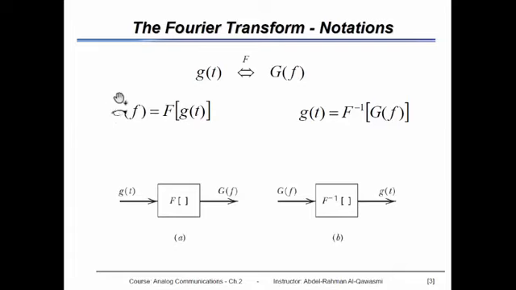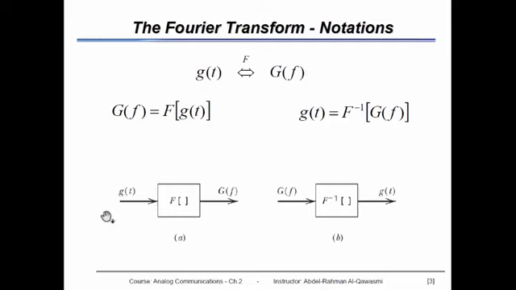So g of f in the frequency domain equals the Fourier transform of g of t in the time domain. And this we use for the inverse Fourier transform: g of t in the time domain equals the inverse Fourier transform of g of f.